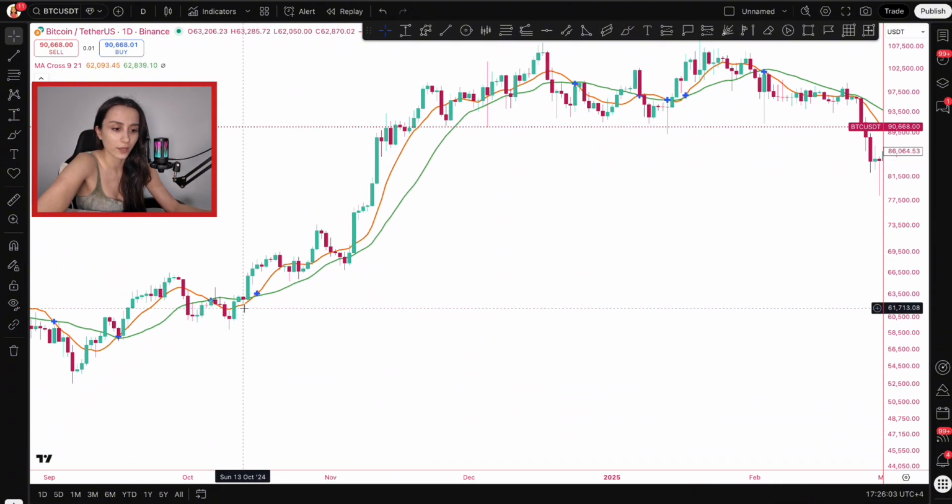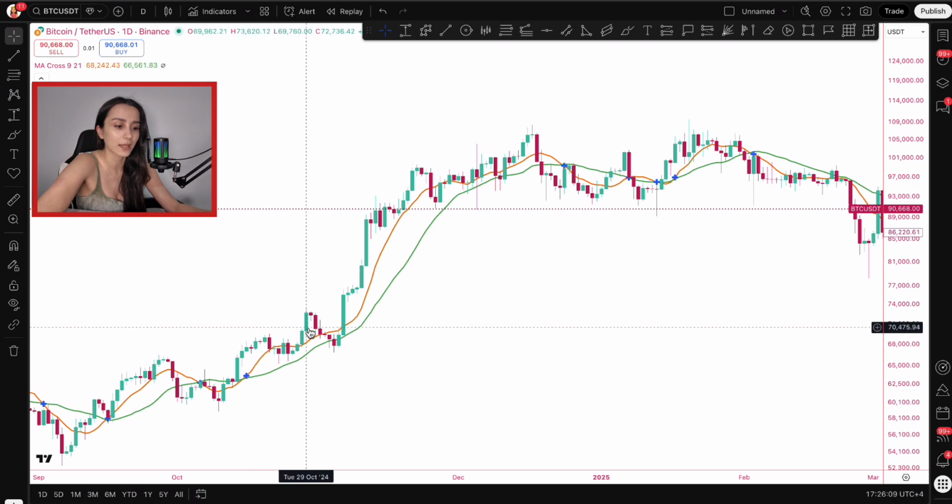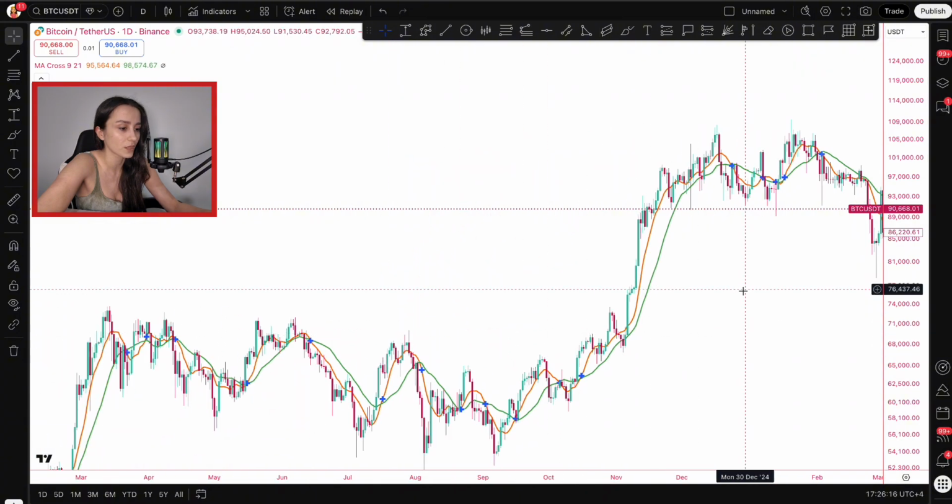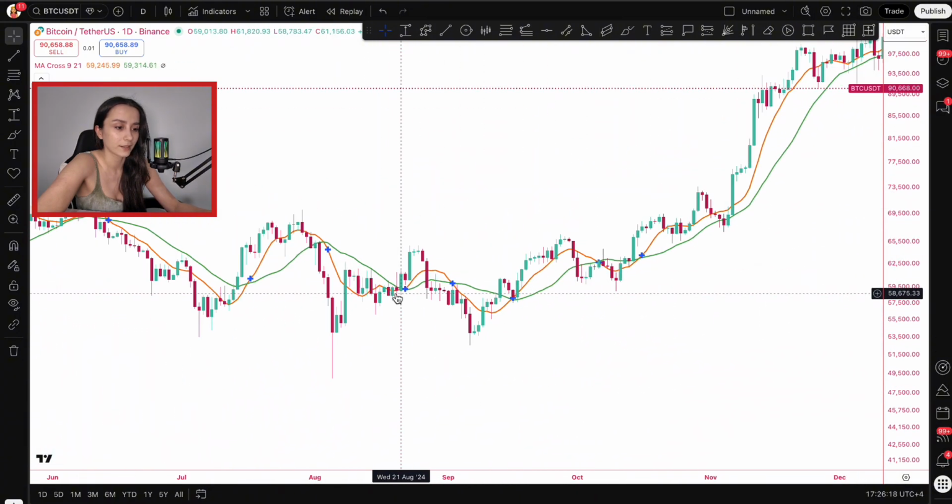When the short one crosses up of the green long MA, there is a rise. So when I know that, I can, as I said, combine with some other technical analysis. That's good. When you are making short time trades, like daily trading, you can use that 9 to 21 days.